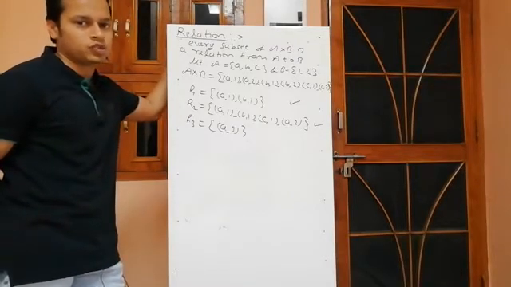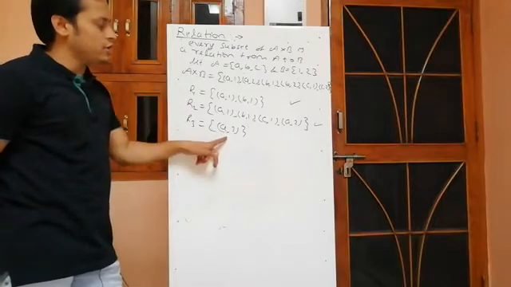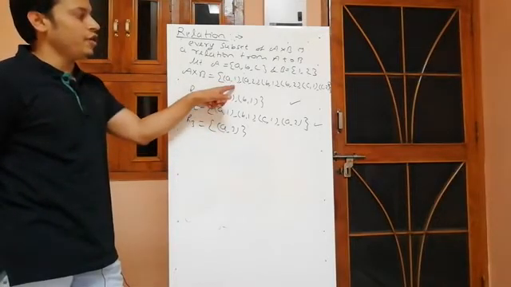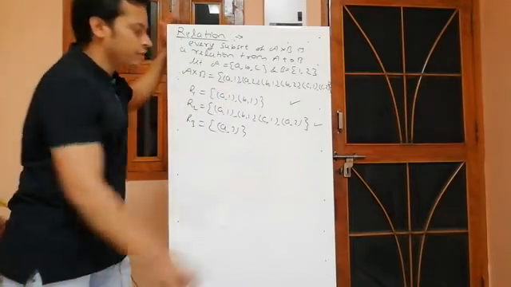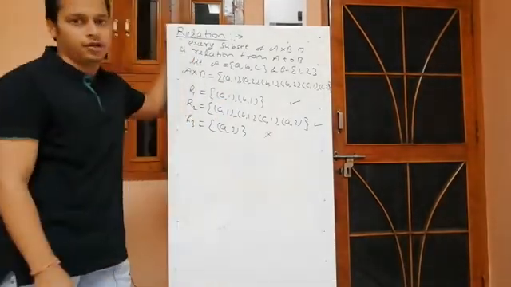Note that (a,3) is not an element of A cross B, so R3 is not a subset of A cross B, and this is not a relation from A to B.